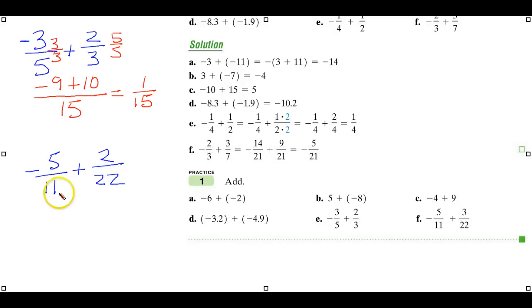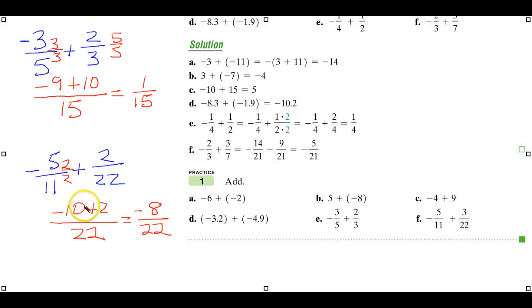Now here, when we do this one, our common denominator is actually 22. Our form of 1 here, 2 over 2. So this will be a negative 10. This one is already 22, so plus 2. So we now get a negative 8 over 22.